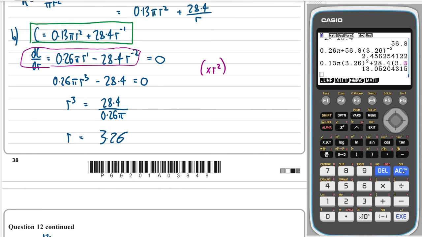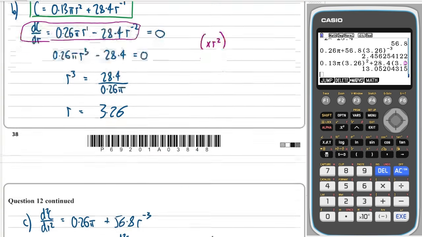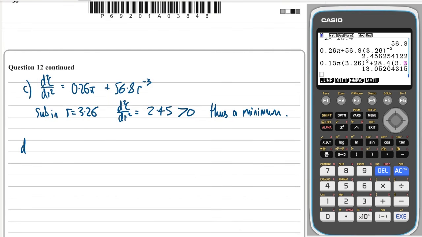Great, we get 13. It says to the nearest integer, I believe, so 13. Okay, great. That's that question done.